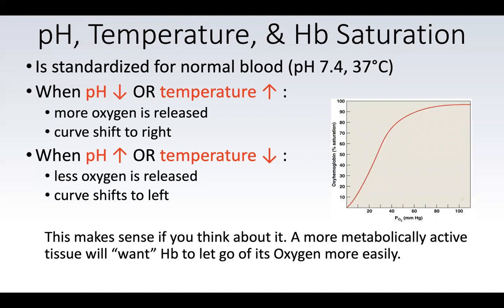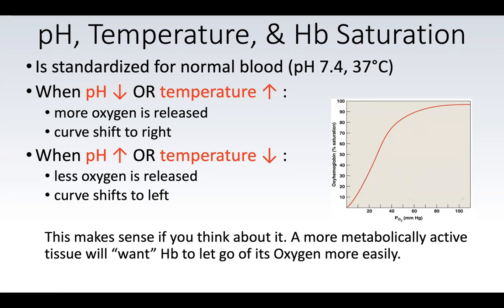Now, if you are following that logic, then the opposite has to be true if the direction of pH and temperature moved in the other direction. So let's take now the scenario in which pH increases, rises above 7.4, and temperature decreases. Less oxygen will be released, and the entire curve will shift to the left.